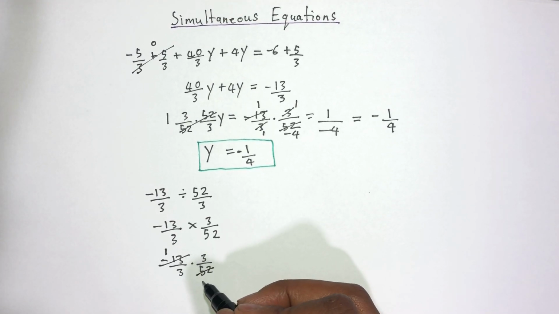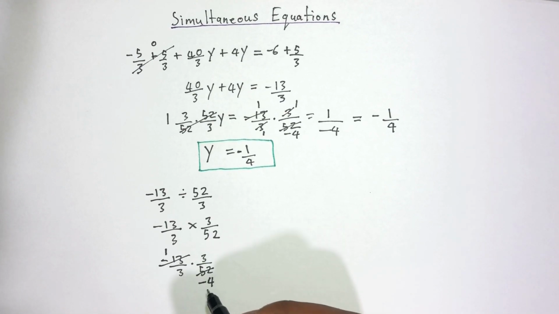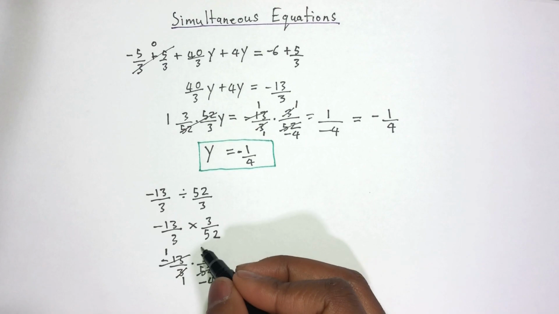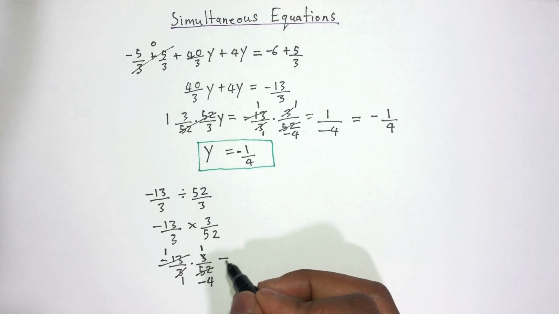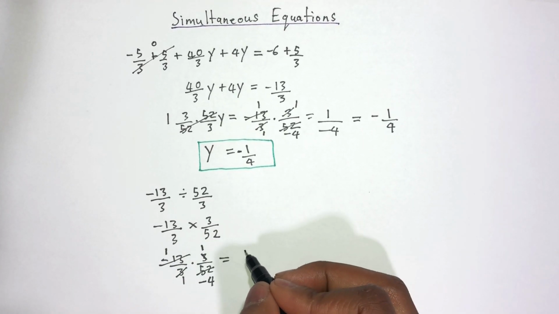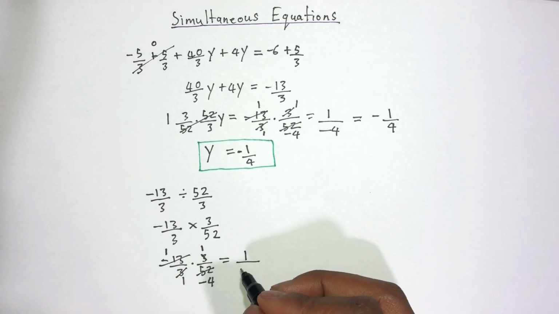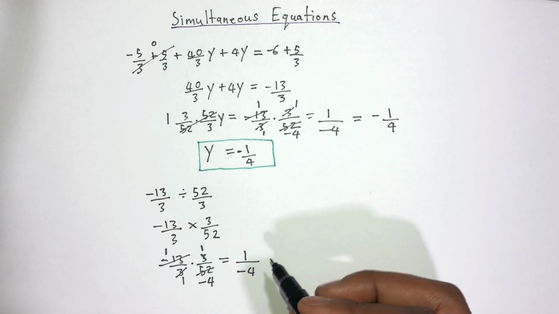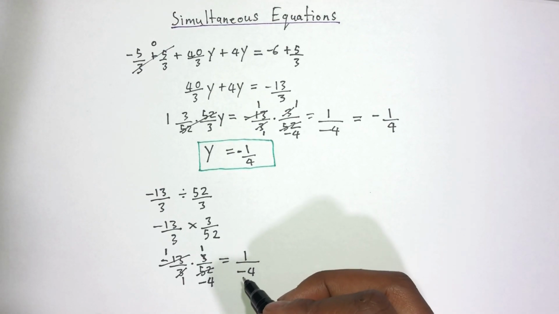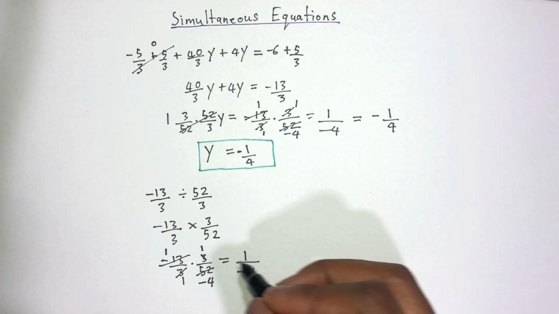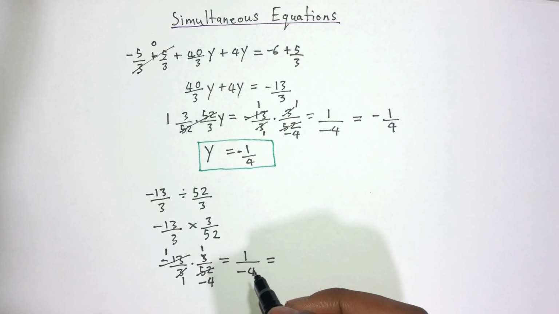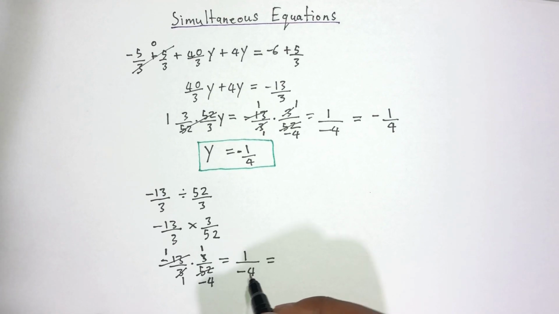Negative 13 into 52 gives negative 4. 3 into 3 goes 1 times. 1 times 1 gives us 1. 1 times negative 4 gives us negative 4. And I simply move the negative sign to the top. And that's how you should do it whenever you encounter a case like this.